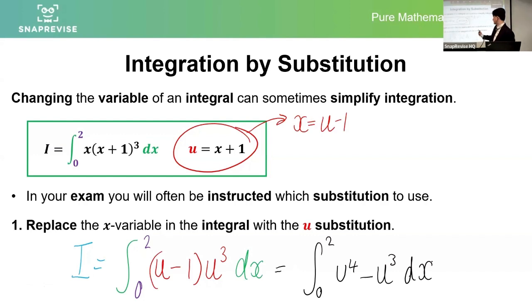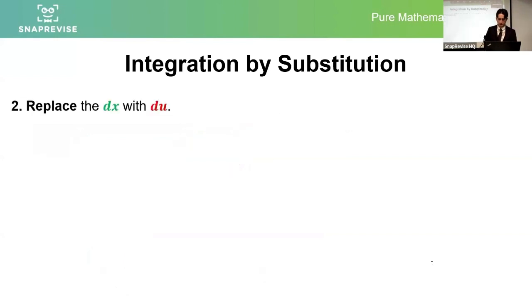The problem is we've still got a dx, and we've still got 2 and 0. Okay, so we need to change a few little bits still here. Okay, so we'll keep going. But hopefully that substitution so far is good.